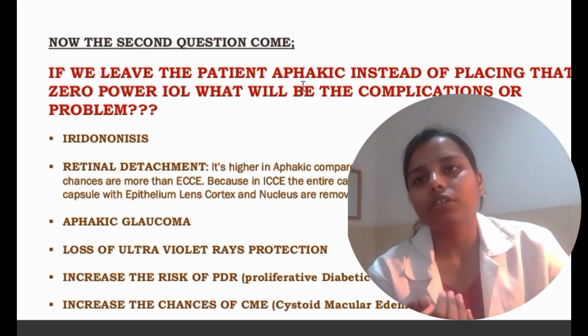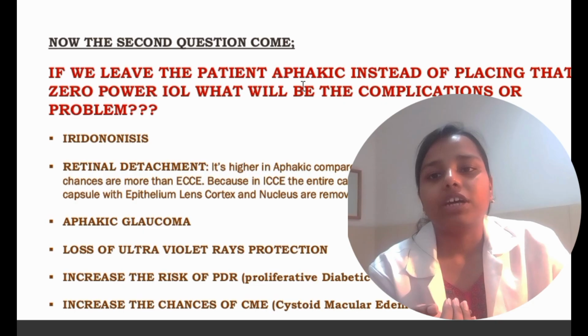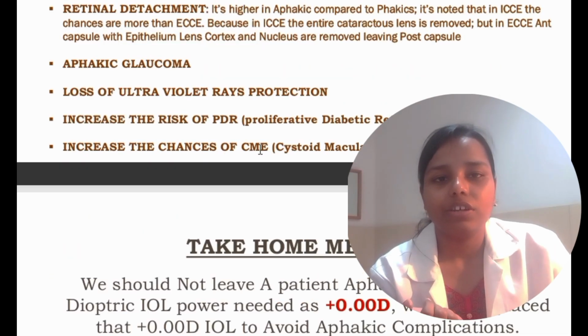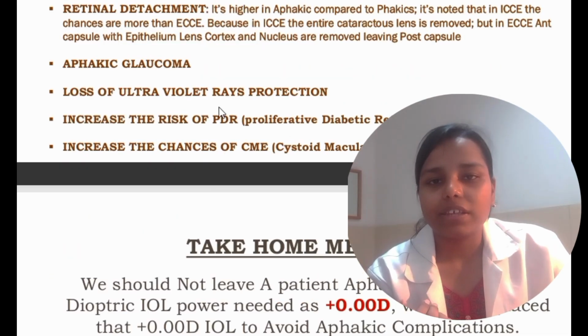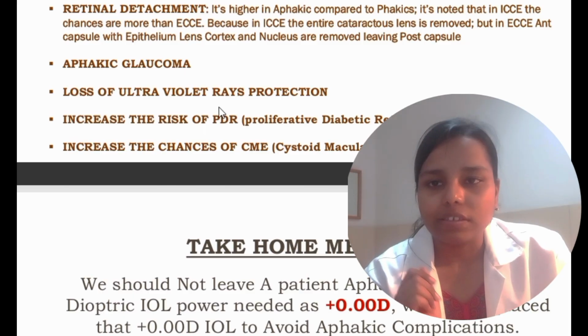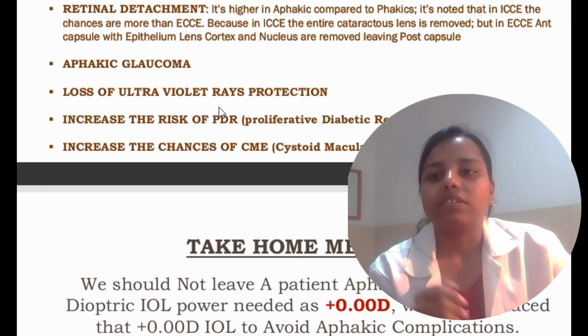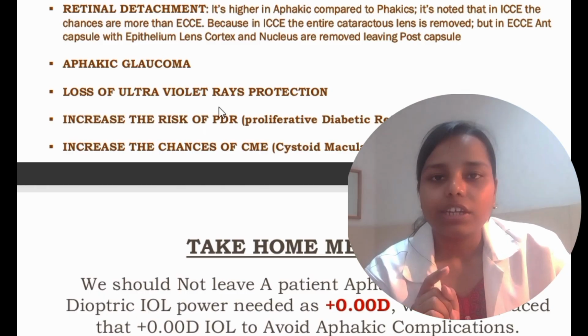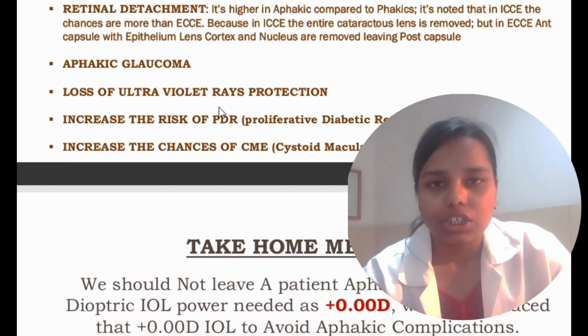So this is the take home message: we should not leave a patient aphakic. Although the dioptric power needed is 0, we should place a 0 power IOL to avoid the aphakic condition.